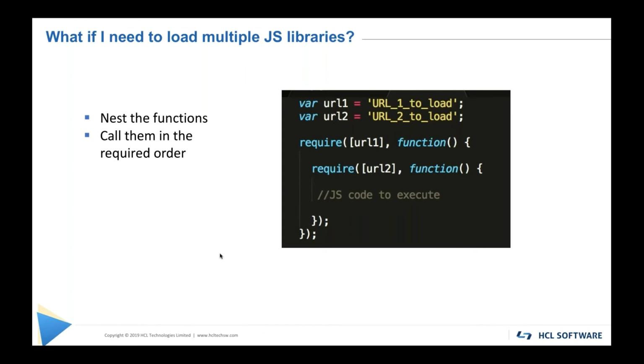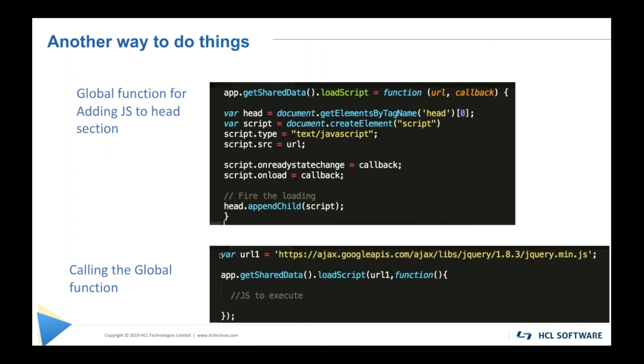So that's require. Now we're kind of getting into this topic of multiple libraries. And I'm going to introduce another technique that works. And this technique is some JavaScript that essentially just gets the URL and adds it to the head section of the document.